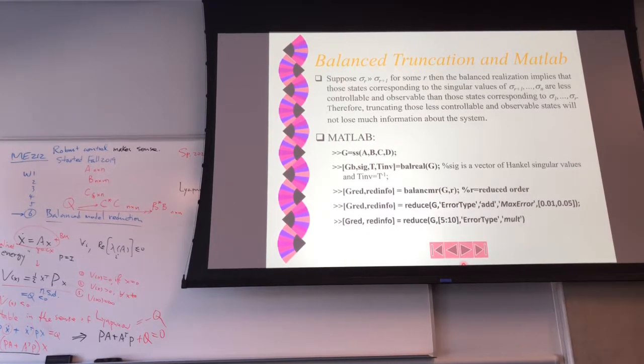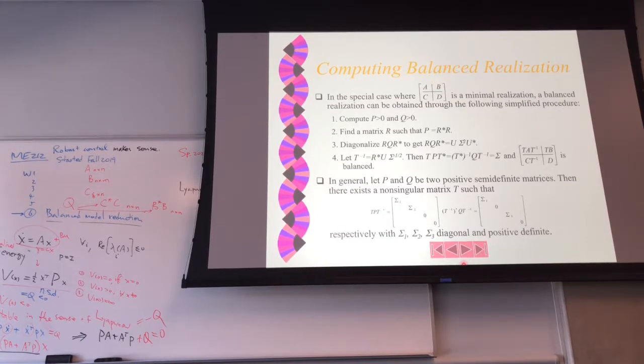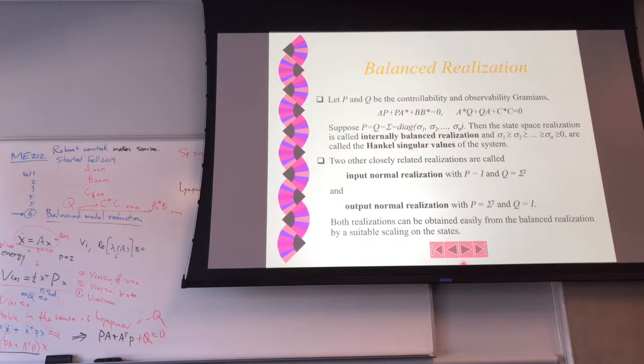Because this is balanced and it's also ordered, let me go back. So this is also ordered, so be careful. And remember, singular value meaning is strong cross-effective connection. So the smaller, that means it's less important in this MIMO cross-effective.